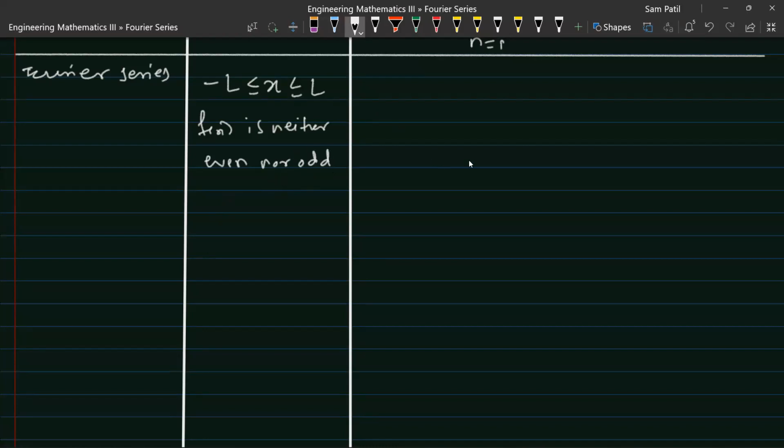So suppose the function is neither even nor odd and the interval is minus L to L, then what is your a naught? Just change the limits of the integrations. a naught is 1 upon L integration minus L to L f(x) dx. What is a_n?